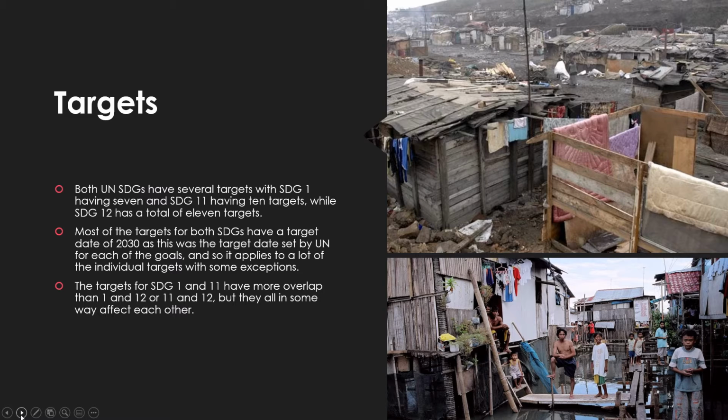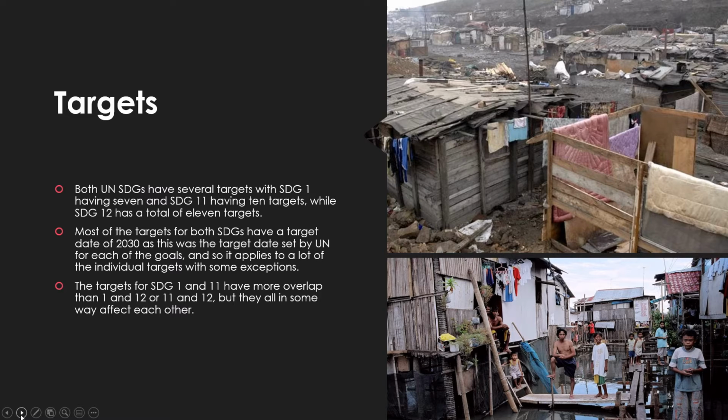An example of this is target 1.1 and 11.1. To summarize, target 1.1 is to eradicate extreme poverty, and extreme poverty is people living on less than $1.25 a day. And 11.1 is to ensure access to adequate, safe, affordable housing and basic services.